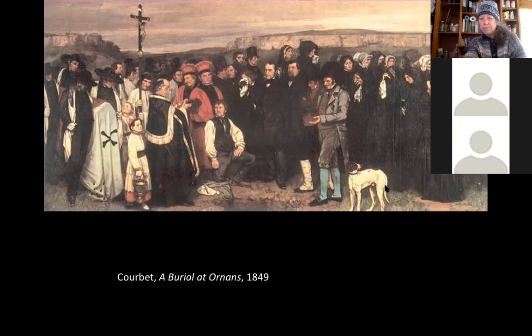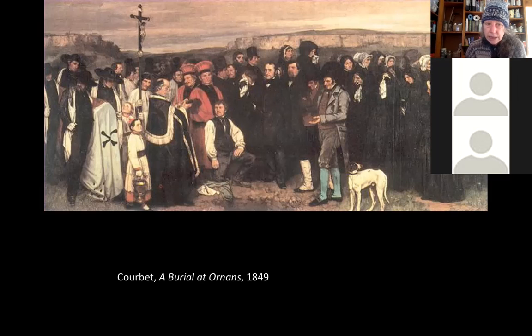So this is actually based on the funeral of Courbet's uncle. It may be based on actual people or an event that he actually witnessed. And in the background, you can see the landscape of Ornans and these big cliffs that are there.